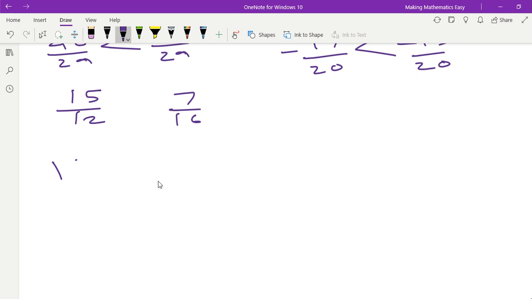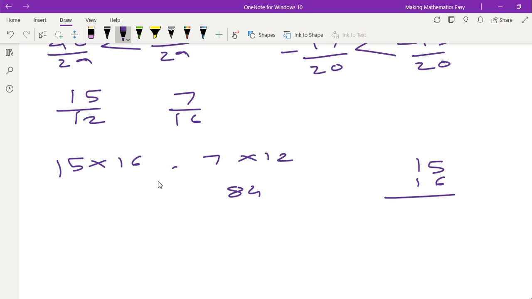So this will be 15 into 16 comma 7 into 12. 12 sevens is 84, everyone knows, and then 15 into 16 you just need to multiply. 6 5s is 30, 6 1s are 6, 5 1s are 5, 6 plus 5 is 11, 11 plus 3 is 14, 1 1s are 1, 2, 240.